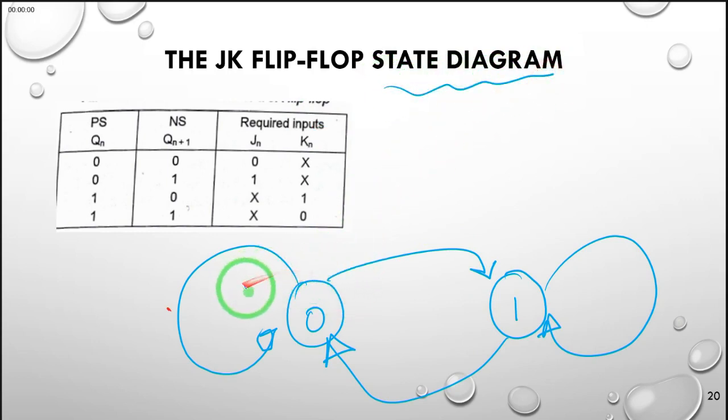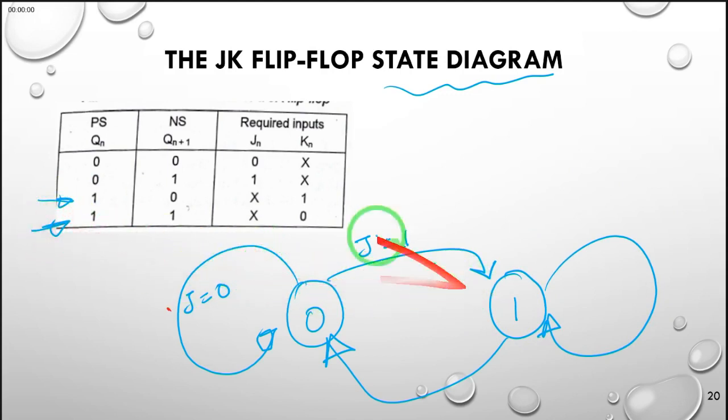So we know for us to remain from 0 to 0, we require J to be 0. K is a don't care. For us to move from 0 to 1, we require J to be 1. And for us to move from 1 to 1, in this row, we require K to be 0.